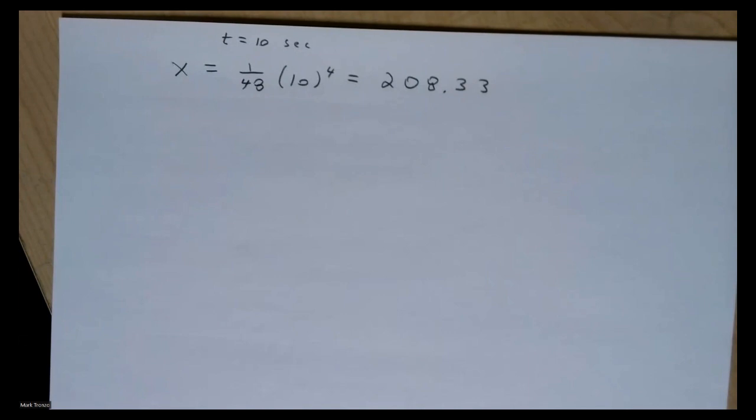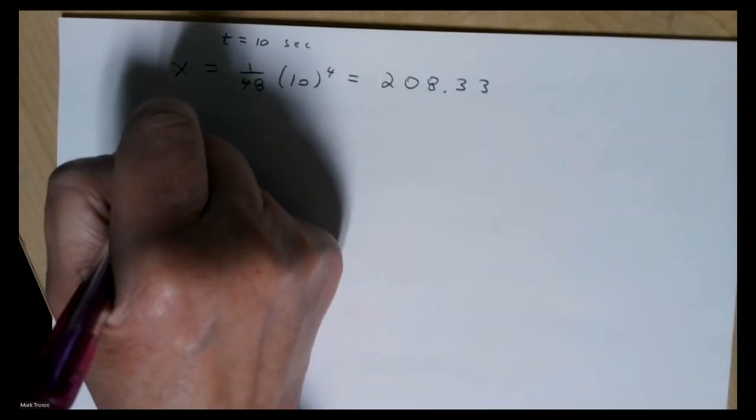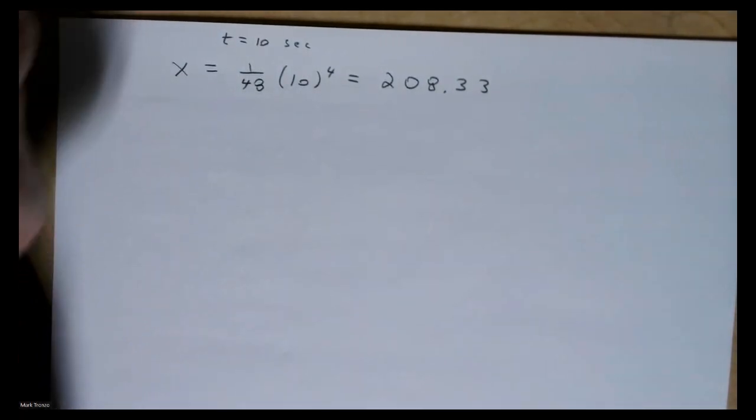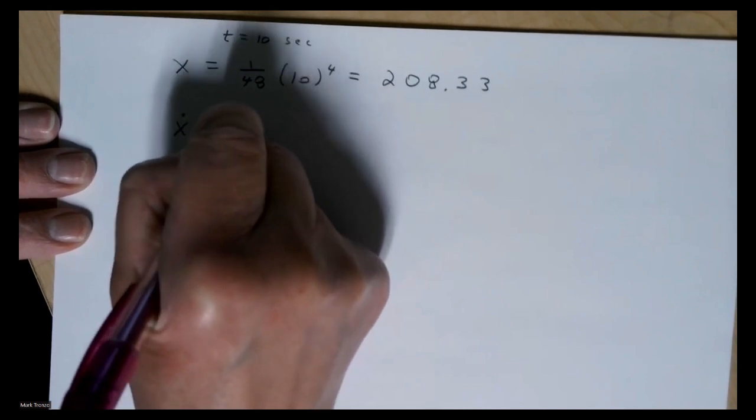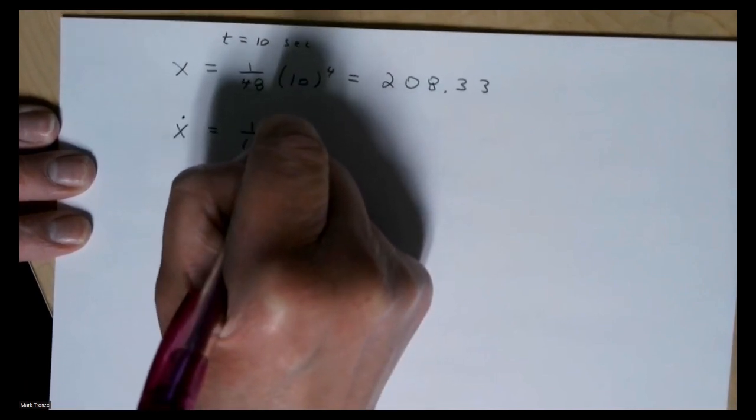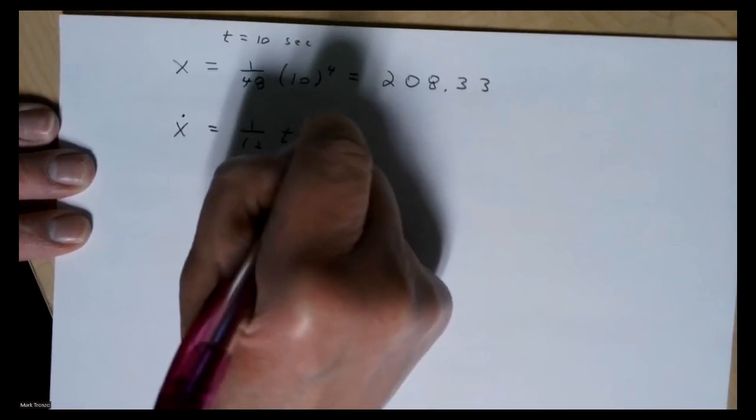And then our velocity in the x direction was given over here, and we can just call that x dot if you want. 1/12 t cubed.